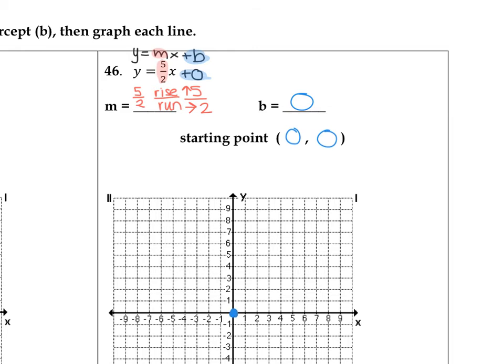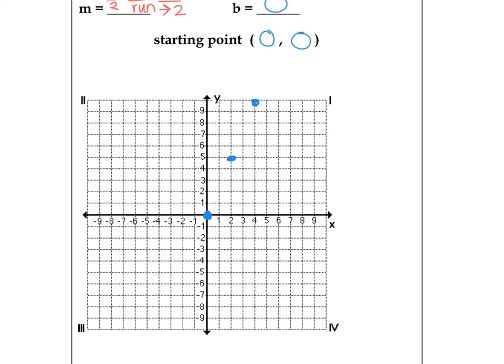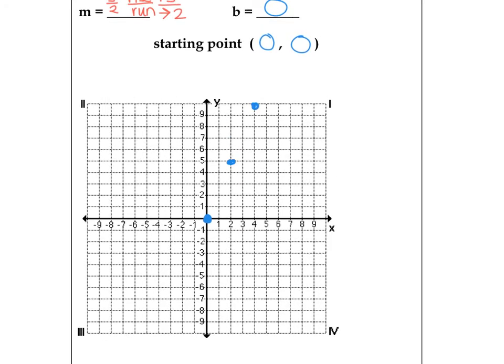And then our rise is up 5. Run it to the right 2. Then I'm going to follow it in the other direction, so down 5, left 2.